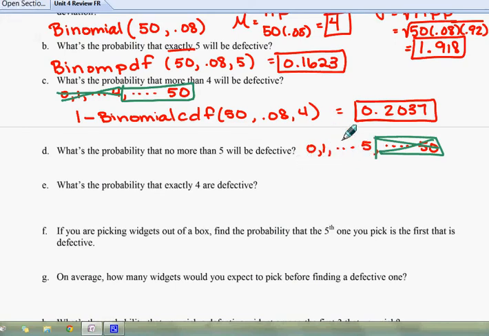So I've got this lower range, so I can just do straight up the binomial CDF of 50, 0.08 probability. We want to have up to 5. And that gives me 0.7919.